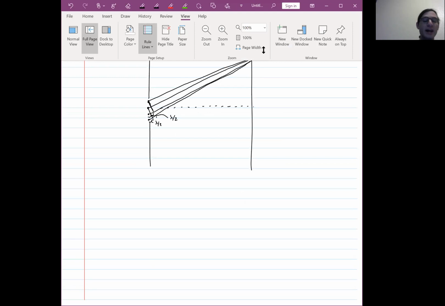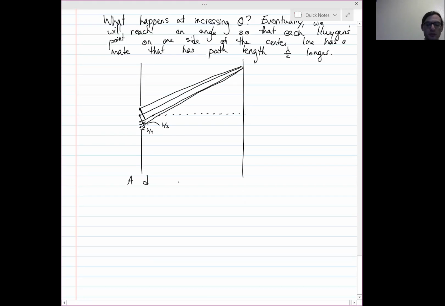And so the whole point is a dark fringe will occur when each point can destructively interfere with exactly one other point, or with at least one point.